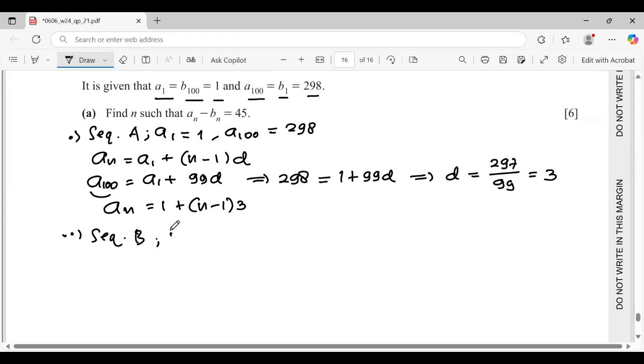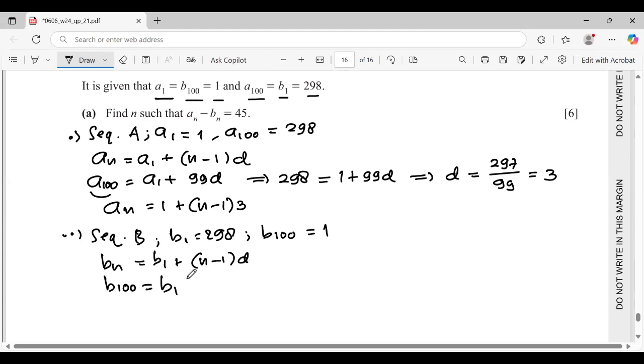The formula for the nth term is Bn equal B1 plus n minus 1 times the common difference of sequence B. If n equal 100, B100 equal B1 plus 99D.